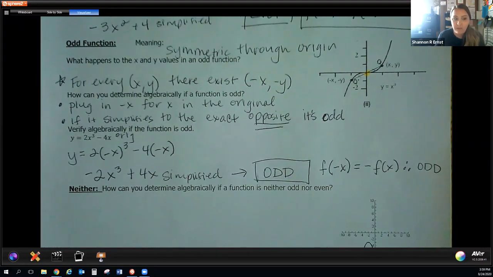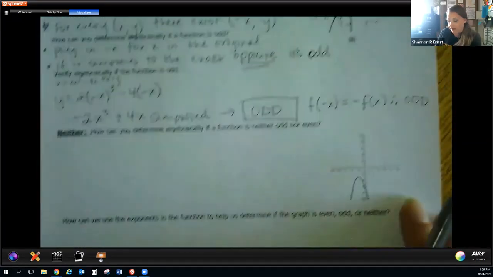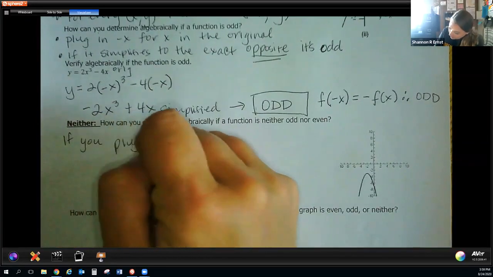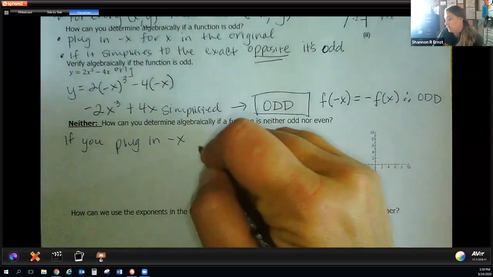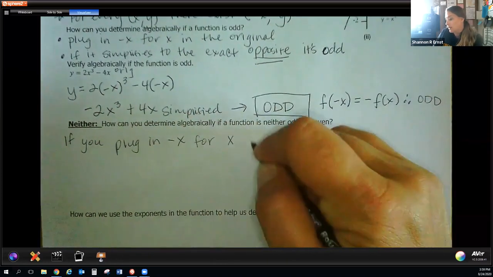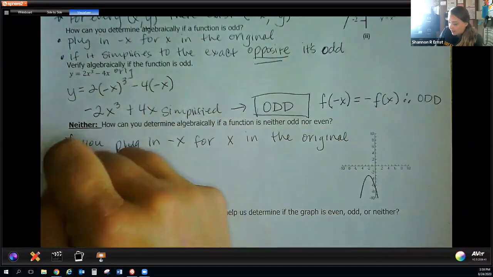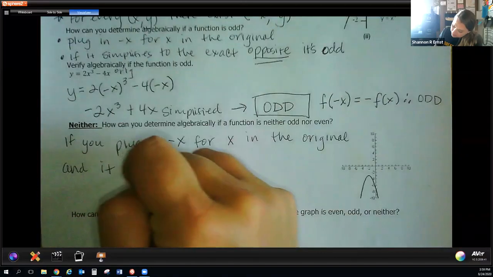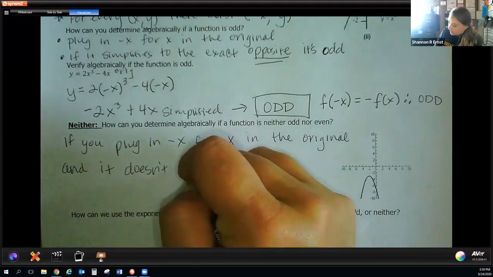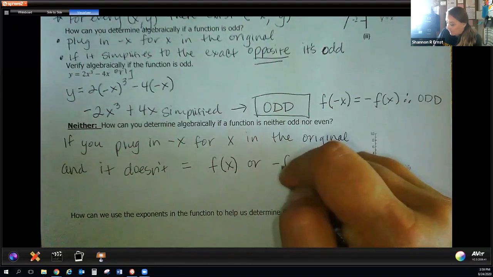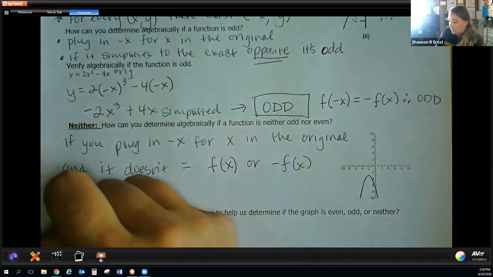So then how can we determine if it's neither odd nor even? So pretty much the same way. If we plug in negative x for x in the original, and it doesn't equal f of x or negative f of x, then it's neither.